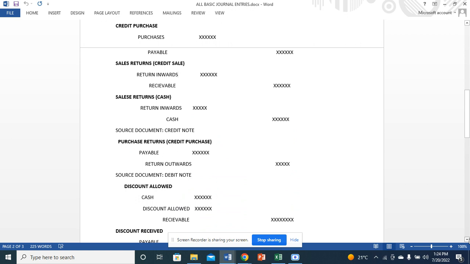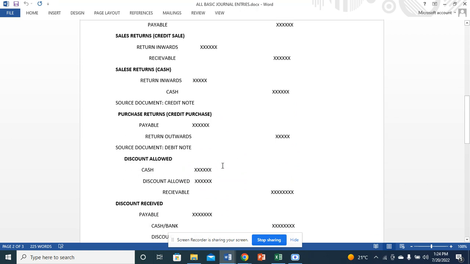Even discount allowed, right? Remember, this is whenever you want people to pay you fast. If you have a lot of people owing you money, you obviously want them to pay you fast. So one way to make them pay faster is you give them a discount.